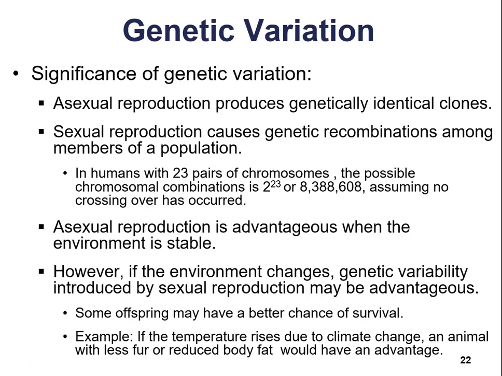If the environment changes and that whole population is all the same, they can all get wiped out by that environmental change, okay? So if you think about bacterial cells, if there's something changing the environment, it wipes out that entire population, it's gone. However, if there were some bacterial cells within that population that had slight genetic variations or genetic mutations that allowed them to be better suited for that new environment, they'll survive and then they'll produce more, okay?